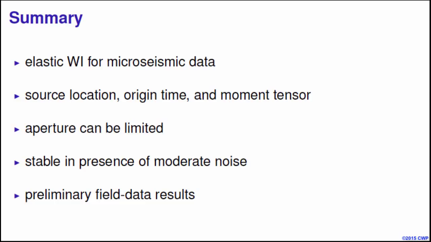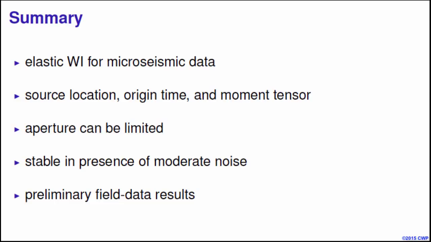So to summarize this presentation, I presented some additional synthetic examples using the methodology that we presented before. And we also showed some application to field data, showing some preliminary results. The inversion is able to estimate source location, origin time, and moment-tensor simultaneously.